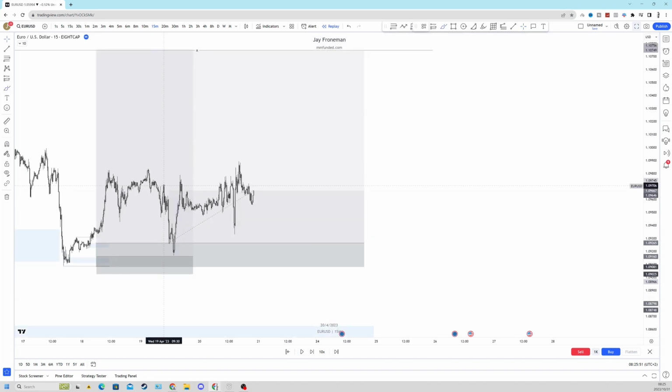So price just following structure, M15 break, pullback into discount demand to continue targeting those weak highs.